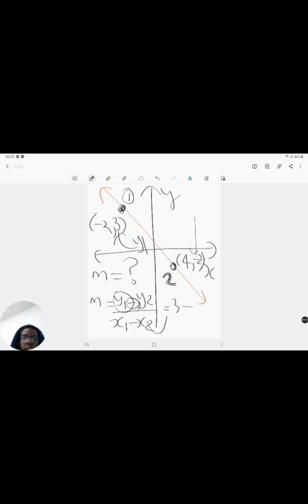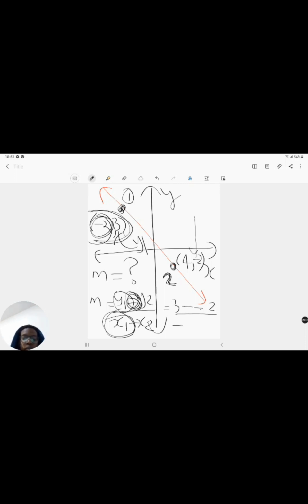So you keep this minus here, but you also keep the minus for y2. So this is going to be minus 2, right? Divided by, what is x1? x1 is that value there, because this is coordinate number 1. This is my x value.